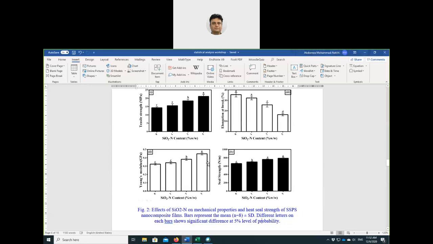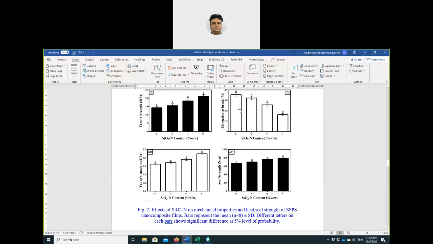This means that this mean is higher than this, and this mean is higher than this. But these two, you can see C and C, are not different. This means that 0% and 1% do not have enough effect on the Young's modulus. Also on the tensile strength, there is no effect between 0 and 1.